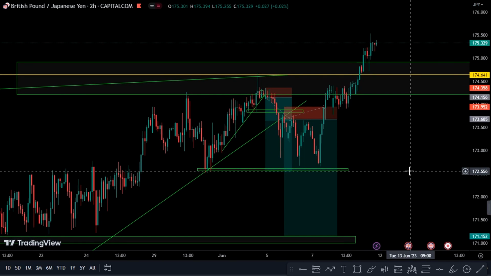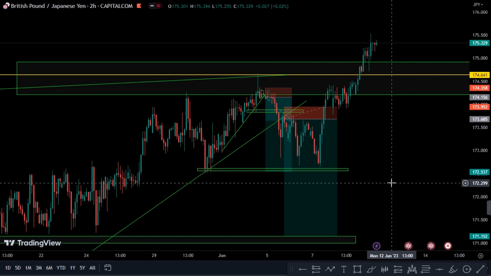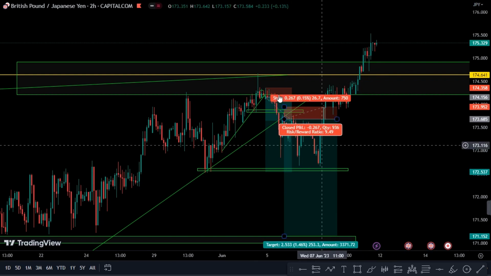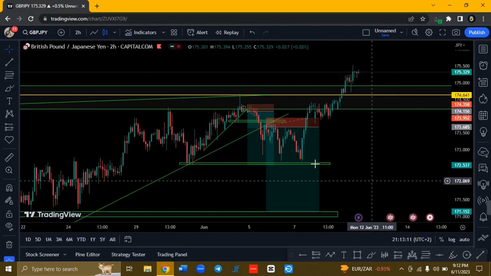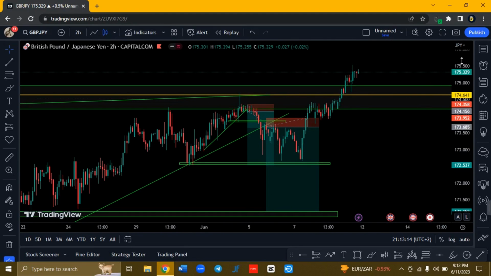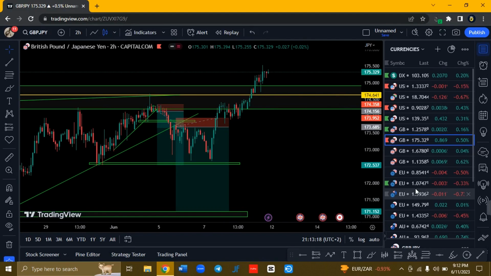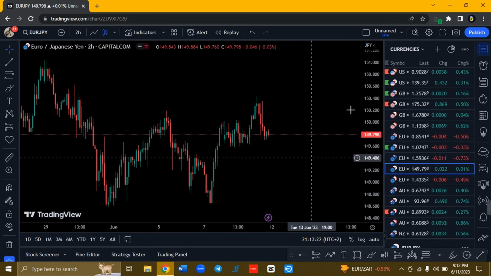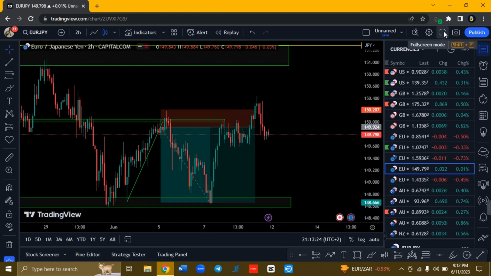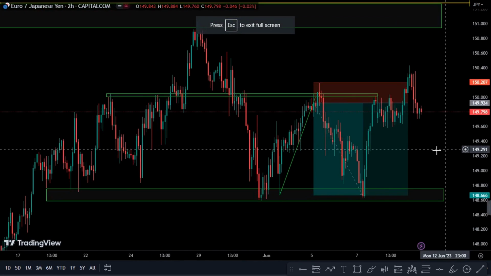So this is the setup that we had on GJ the previous week, and this was the execution that we took. Moments later, after GJ played out, EJ also gave us the proper price action, so we ended up taking the trade too, and we actually closed before our take profit.